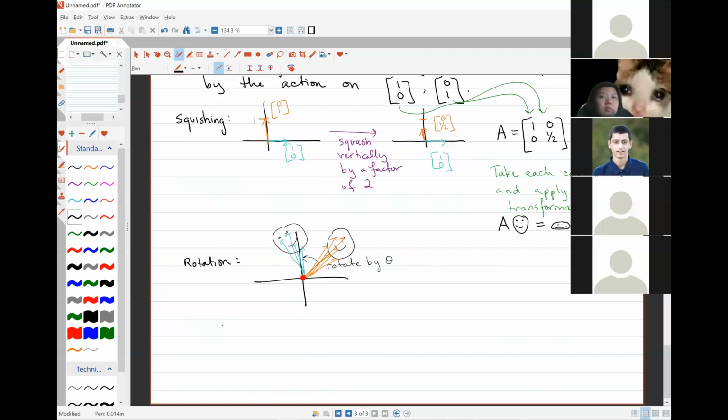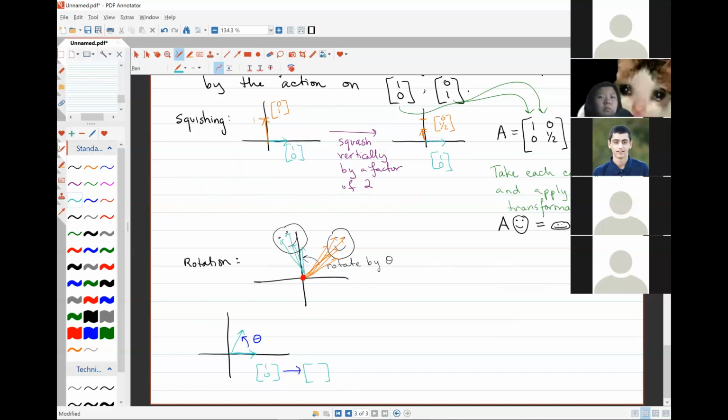We can get that by looking at where the vector, blue, where does 1, 0 go if I rotate it by theta degrees? So I'm going to rotate by theta, radians or degrees or whatever, and I'm going to get another vector, and now I need to know what its coordinates are. If I rotate 1, 0 by theta degrees, what do I get?